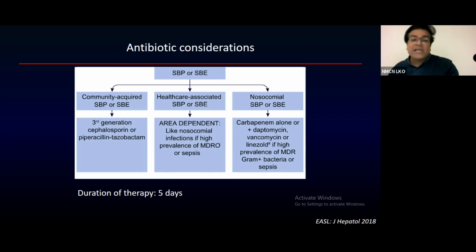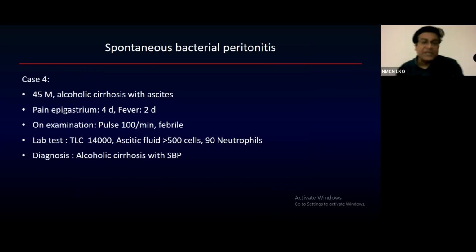If it's healthcare associated spontaneous bacterial peritonitis, you choose for organisms which have nosocomial infections, if high prevalence of MDRO or sepsis. Again, if there's a nosocomial infection, you resort to carbapenem to begin with. So very, very important to remember. And the duration is usually 5 days.